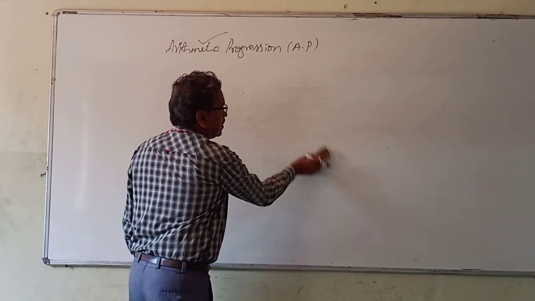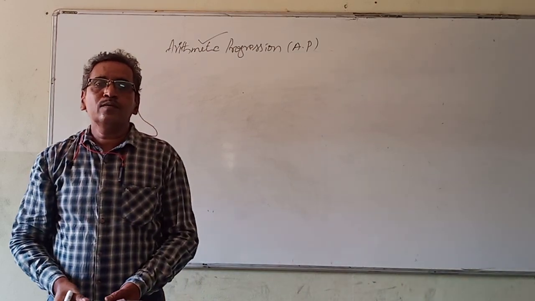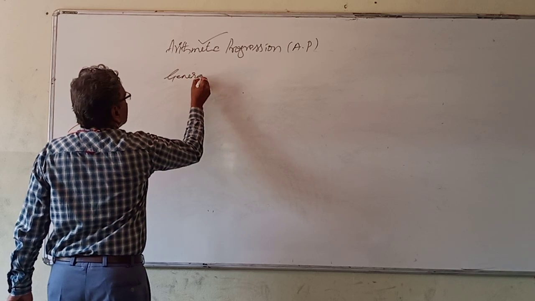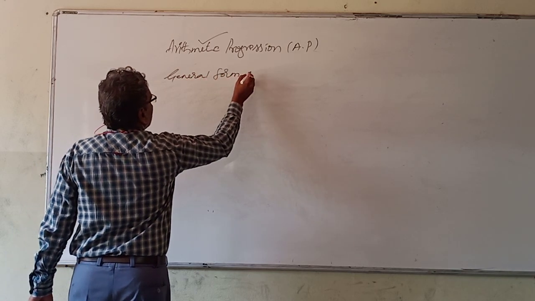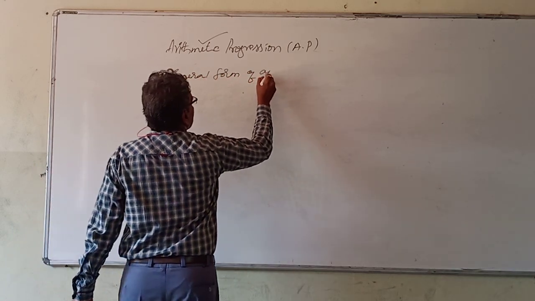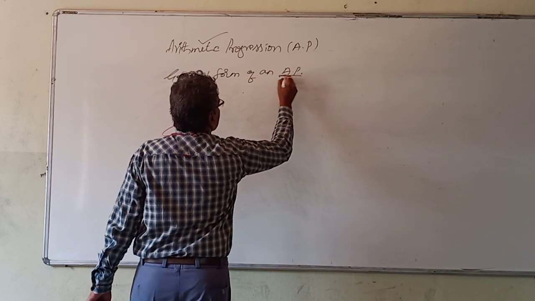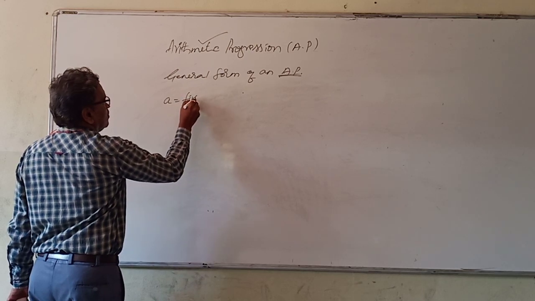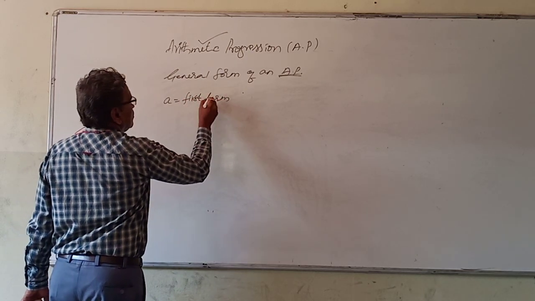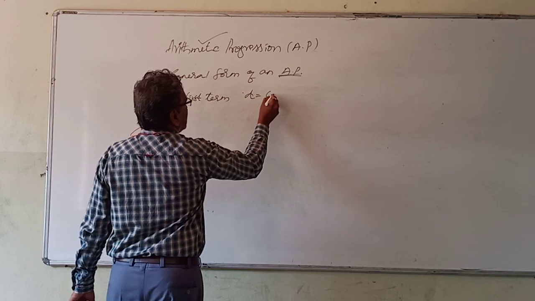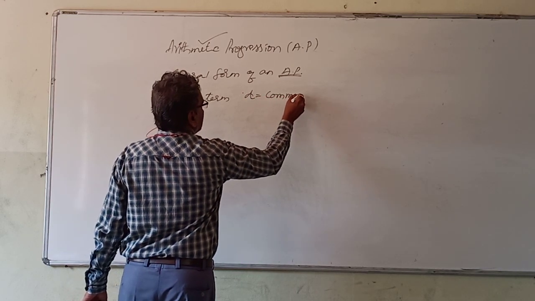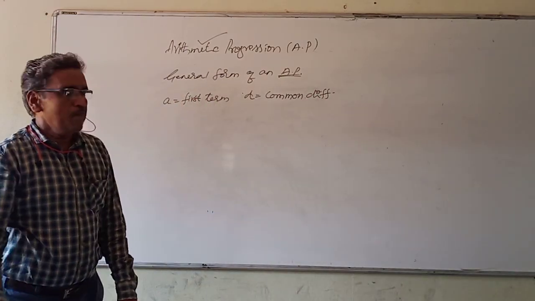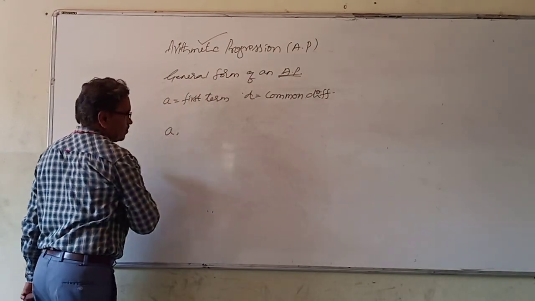Then what is the general form of an arithmetic progression? Let us take a as the first term and d as the common difference. That difference is said to be the common difference. So a is the first term.